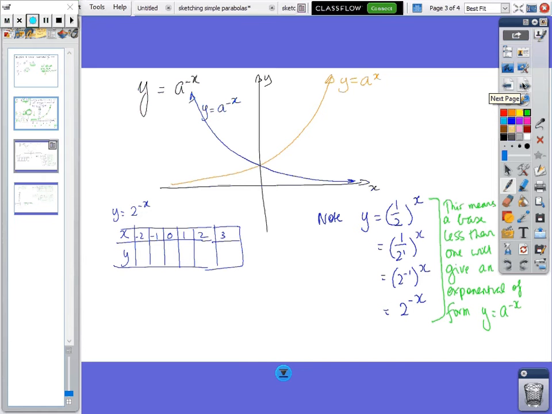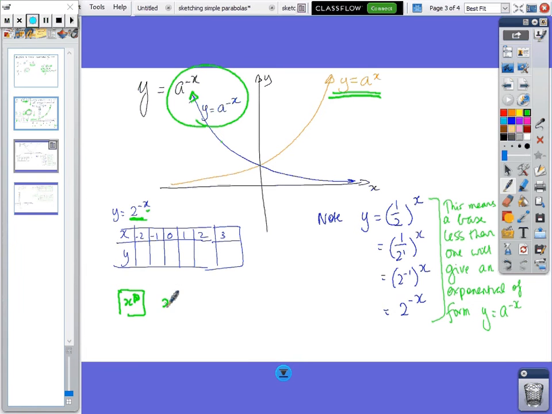Okay, so we've got base 2, and we've got a negative power. And so what we're going to find is that the shape of the curve is this blue one. So instead of going up to the right, we go up to the left. And you can easily show that in your calculator. Again, use your x to the bar button.